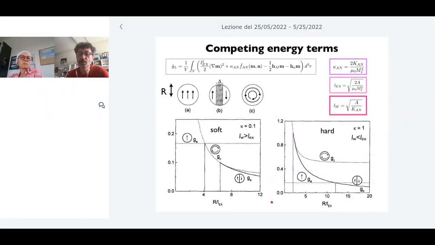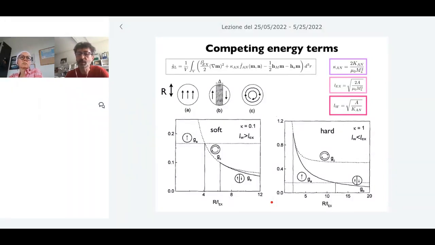If the anisotropy is typically low, then it means that K is very small, the K that you have in the table there. Then for the three configurations, you can compute approximately the energy as a function of the radius.